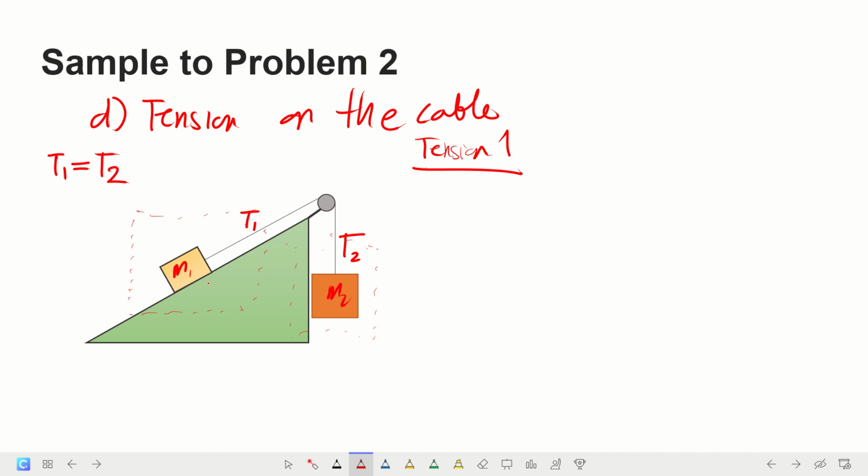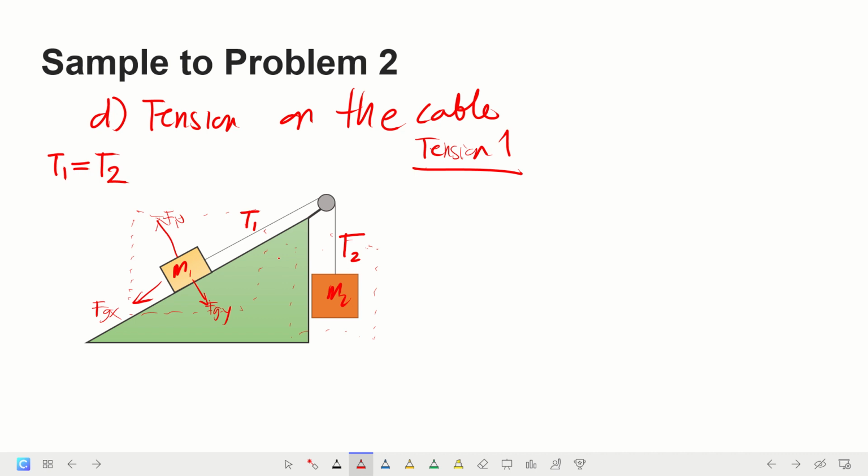This mass will be acted upon by the force due to gravity, and we already resolved the forces to the y component, Fg of y, and to the x component, Fg of x. The y component will be cancelled out by the normal force. So the force that we need to consider to solve for the tension force is the x component of the force due to gravity.